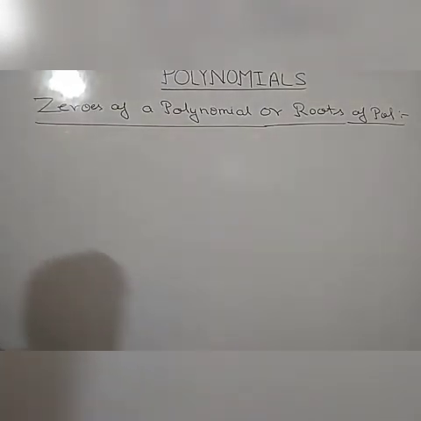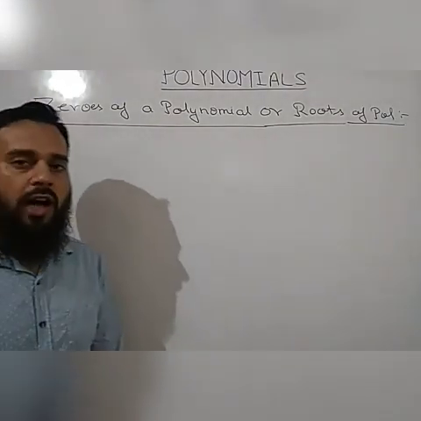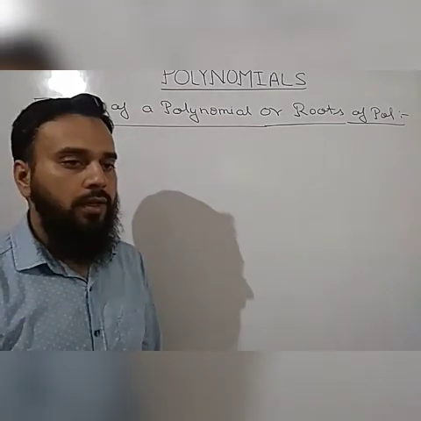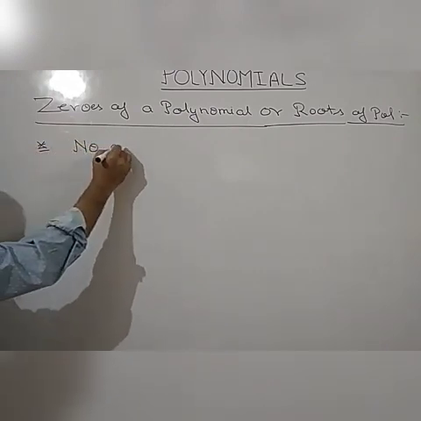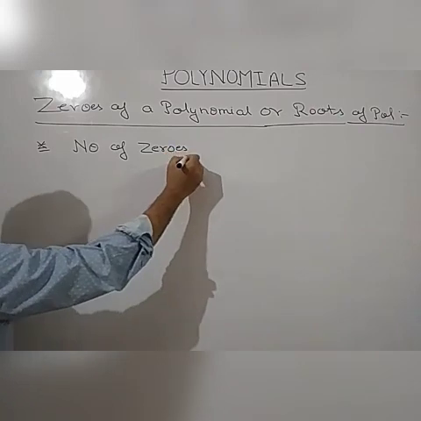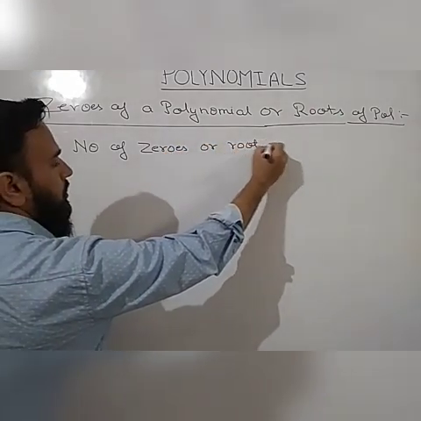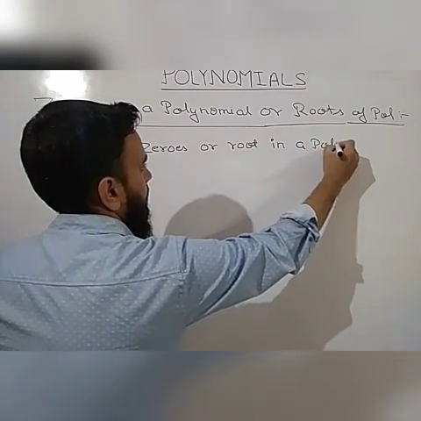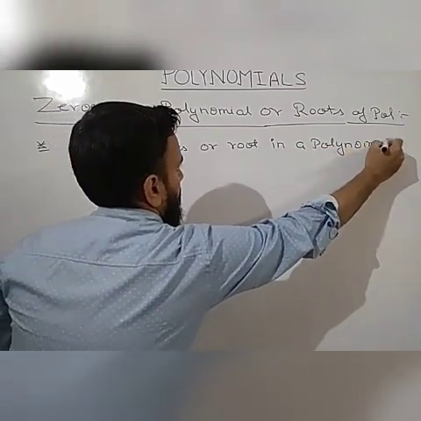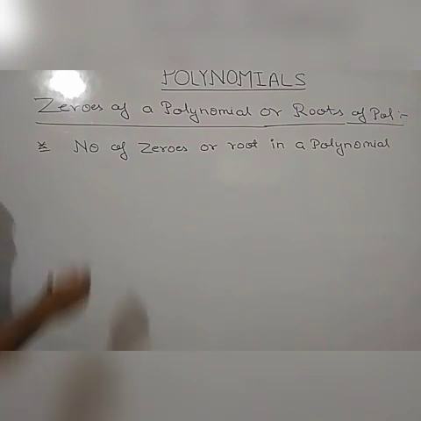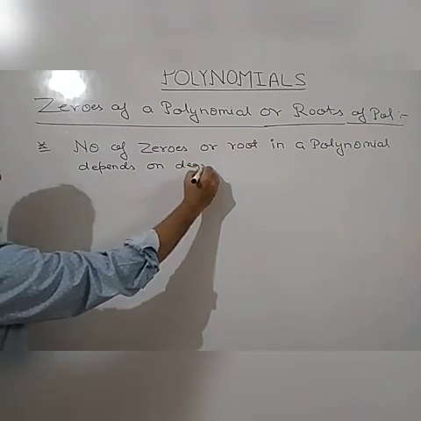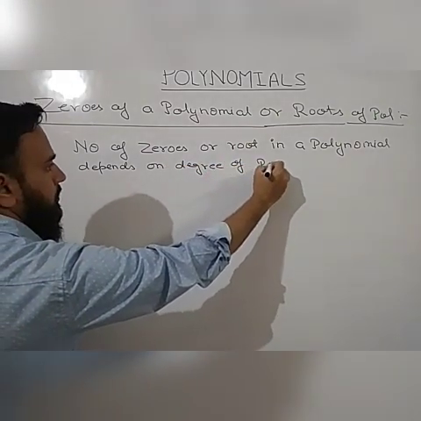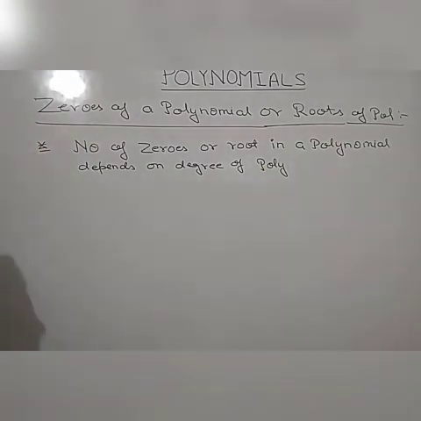Now, in any polynomial, how many roots or zeros can be there? So it depends on the degree of the polynomial. The number of zeros or roots in a polynomial depends on the degree of the polynomial.